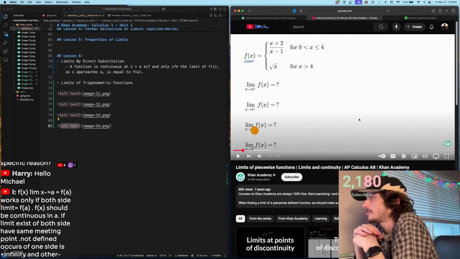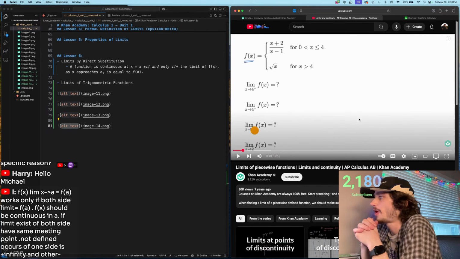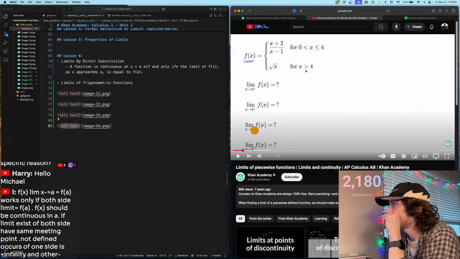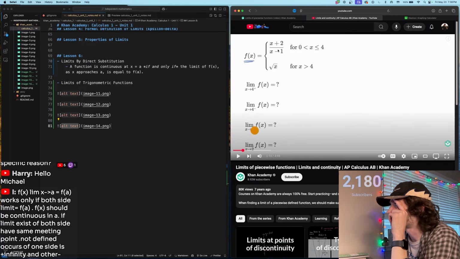Okay, so as we approach 4 from the right side, so numbers greater than 4, we would take the square root of x. Coming in from the left would be this guy over here.